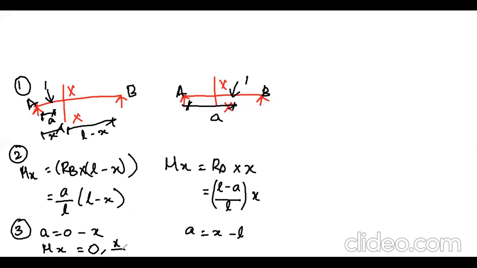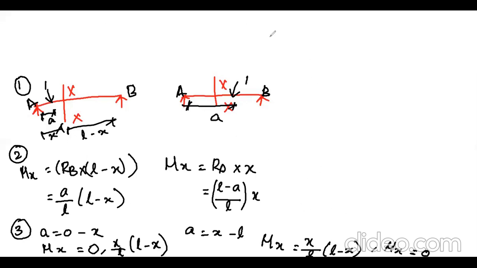It becomes x by L into L minus x. Similarly here also, when A equals x, this value becomes x by L into L minus x. But when it is L, the moment value will become 0.